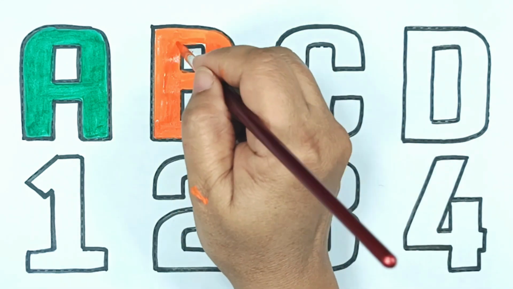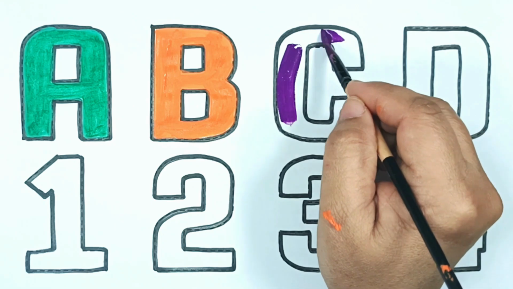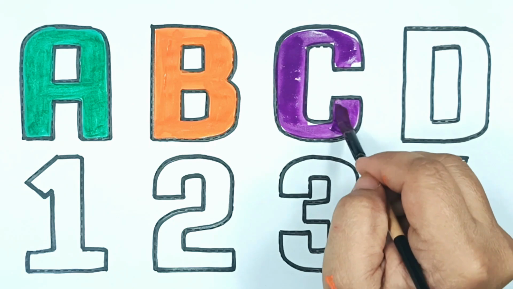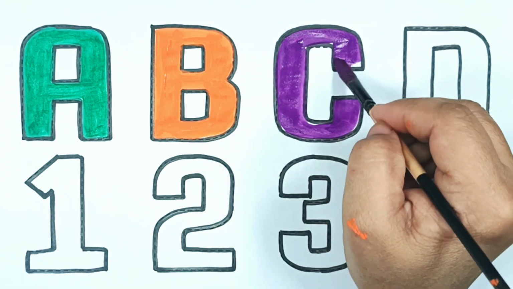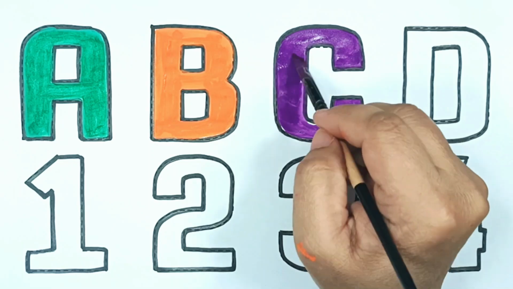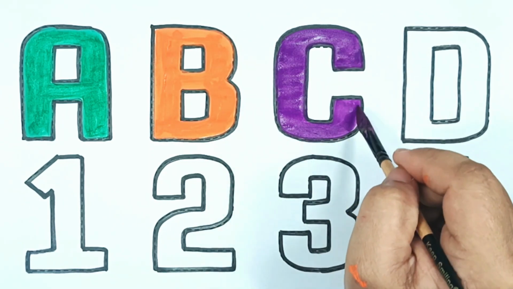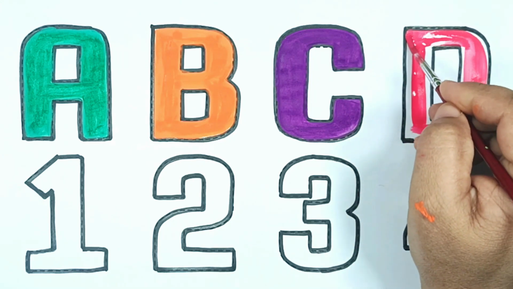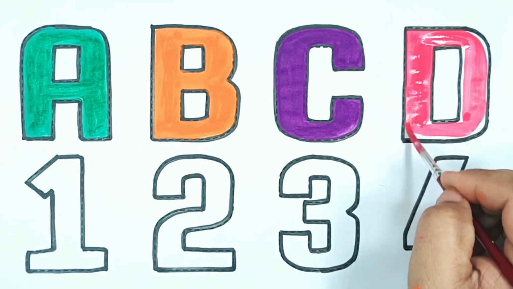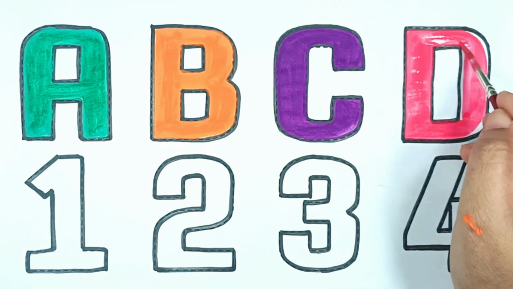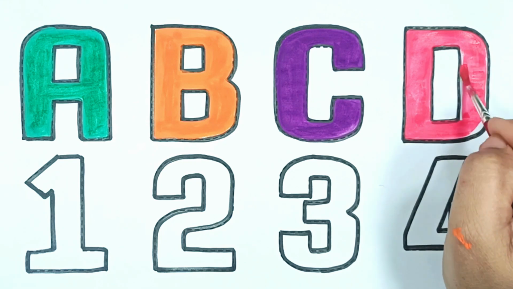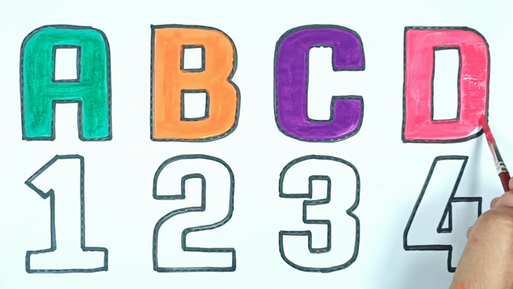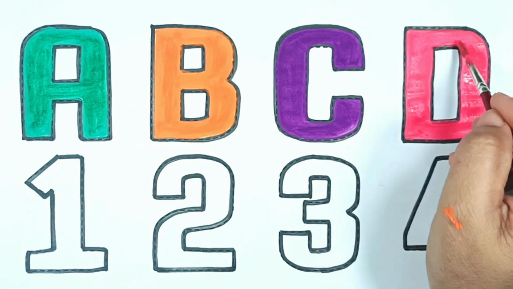B is for baby. Sometimes it may cry. C is for clock. It tells you the time. D is for diamond. See how it shines.